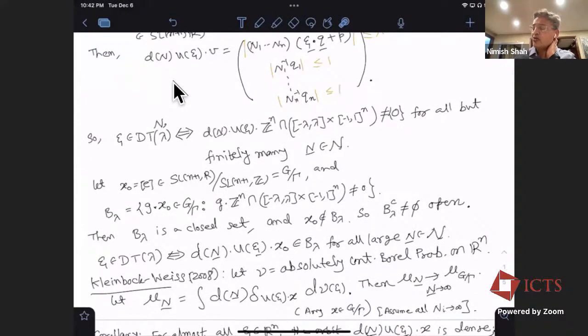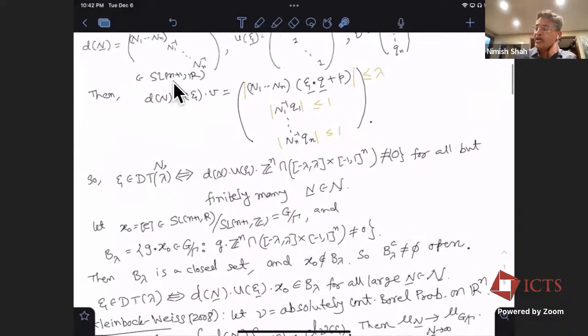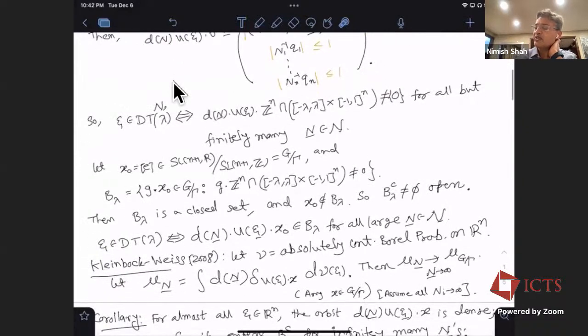So Dani observed that this Diophantine kind of condition, he did it in a different context, but Kleinbock and Margulis, Kleinbock and Weiss, they recognized that in this particular context, it would mean this. Dani's correspondence would actually provide this information. So what do you want to interpret this as?